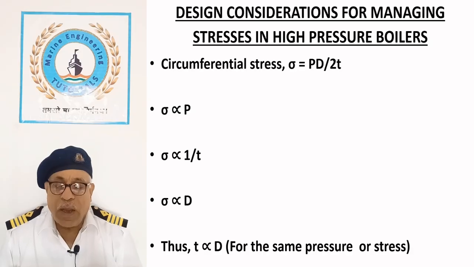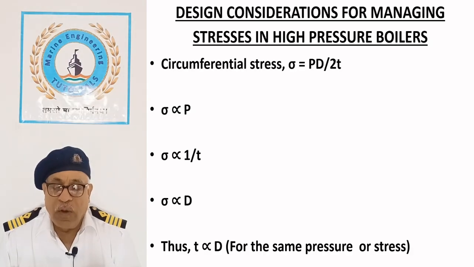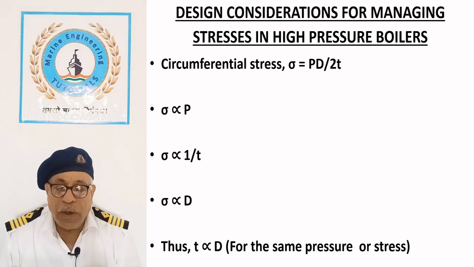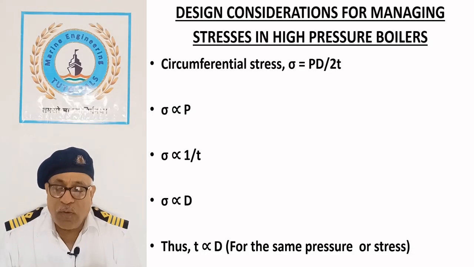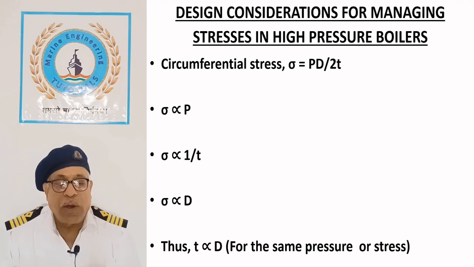This completes our study of modes of heat transfer in boilers, flow directions of fluids in various heat exchangers, comparison of parallel and counter flow, conditions for maximizing conductive heat transfer, and design considerations for managing stresses in high pressure boilers.